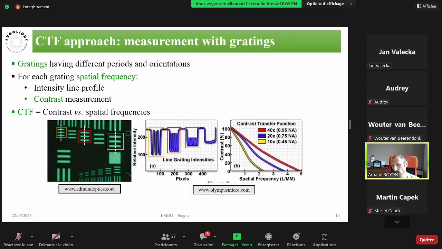Here are the three contrast transfer functions for three different objectives, from low numerical aperture to high numerical aperture. And as you expect, the objective that has the highest numerical aperture has the highest cutoff frequency.